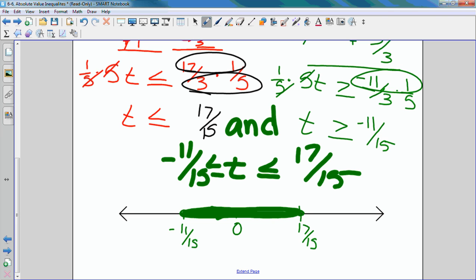You can write it either way. You can put and in the middle, or you can write it like this. I don't care, as long as you understand that a graph that connects in the middle is an and graph. Okay? Closed dots because it's equal to. Any questions? Can you do this again on your homework? Okay, let's give it a try.